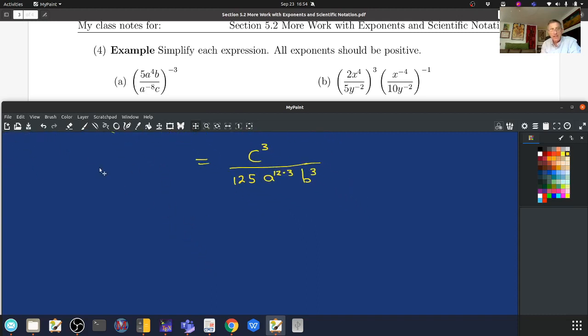And finally, this is c cubed over 125. A 12 times 3 is 36 b cubed. And there is no further simplification that we can do for that particular problem.